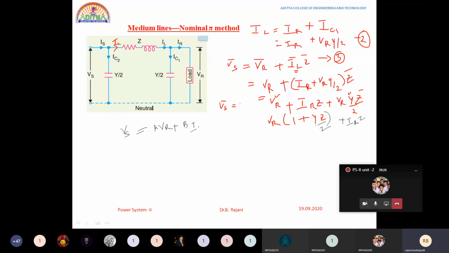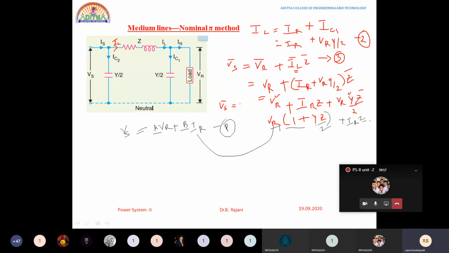Let us suppose this is equation P. If I compare this equation P with this equation, A is nothing but this part and B is nothing but this part.